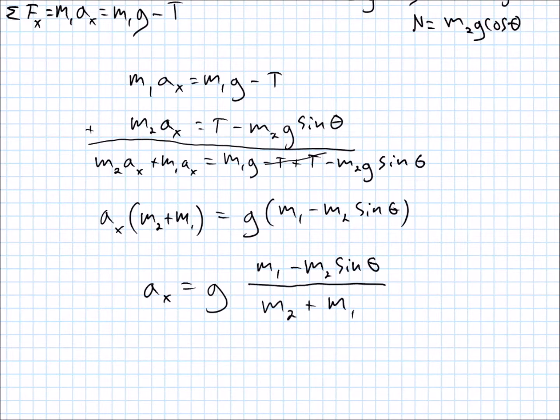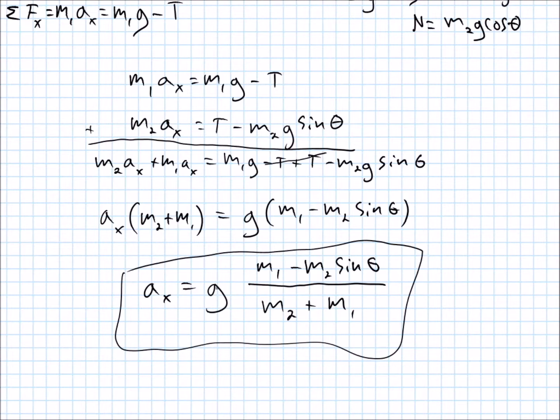Similar to the previous Atwood's machine problem, we're getting that the acceleration will be a piece of gravity involving a difference of masses over a sum of masses. The difference now, with a ramp, has a sine of theta sitting in there, and the angle has to do with how fast it would accelerate, so here's how the angle comes into play.